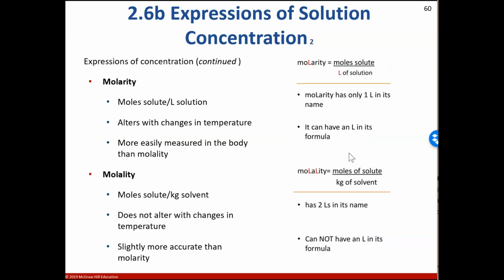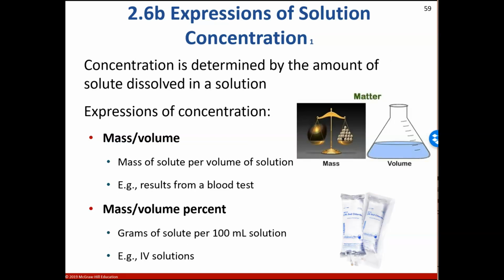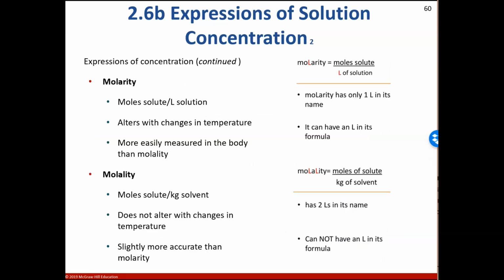This is going to be represented as an example of your results from a blood test, or we can look at a mass volume percentage. So we take the grams of that solute and we divide it per 100 milliliter solution. So an example of that would be like an IV solution.